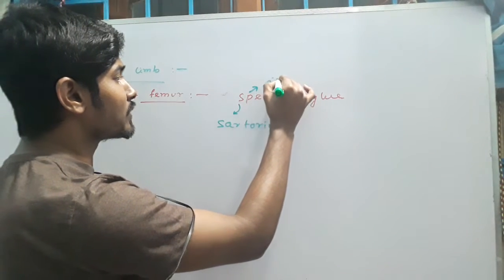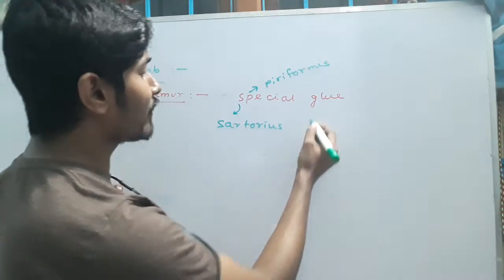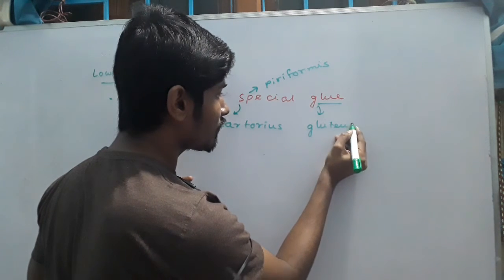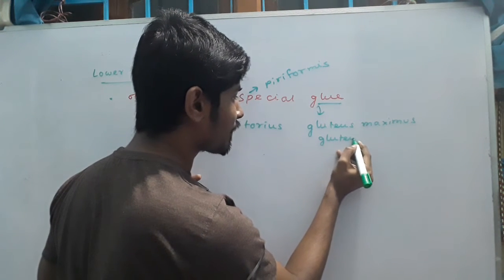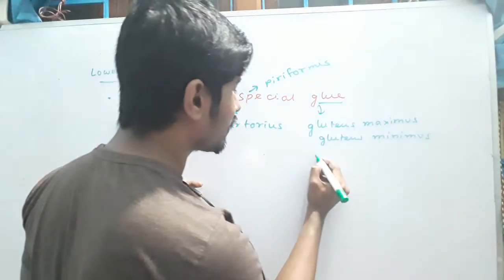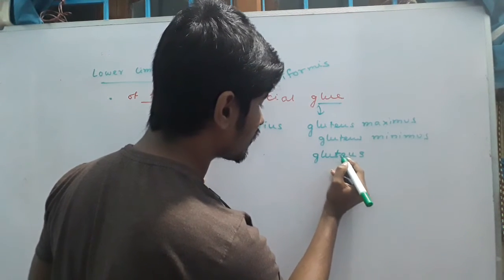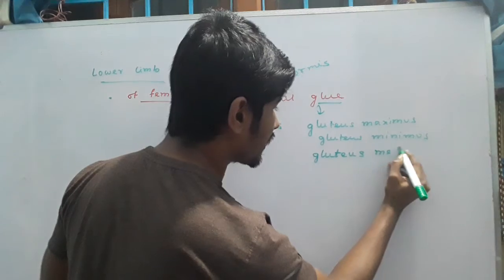So piriformis. Okay, and then we have the glue, that means gluteus maximus, gluteus minimus, okay, and gluteus medius.